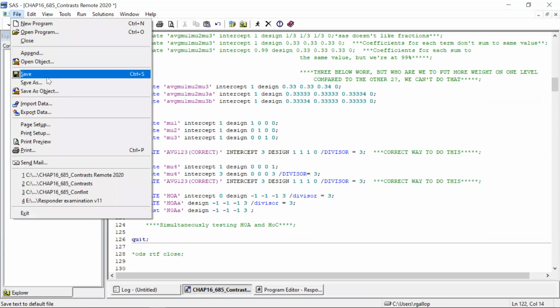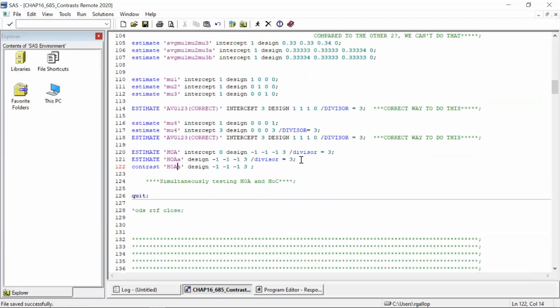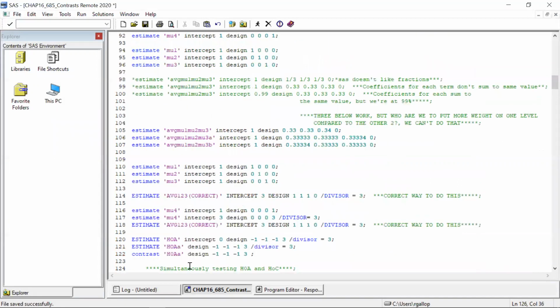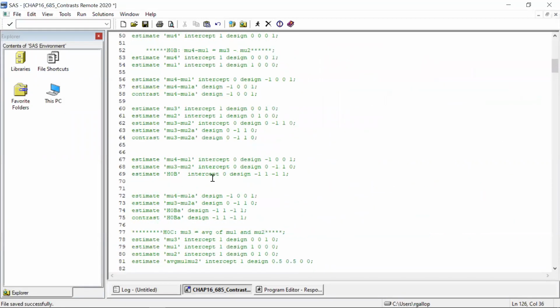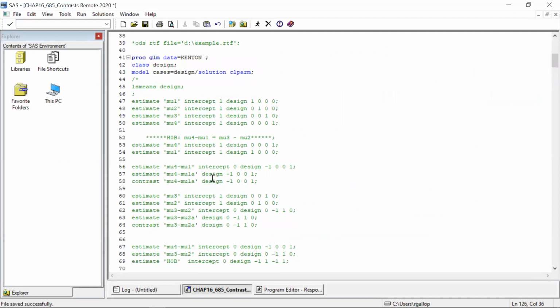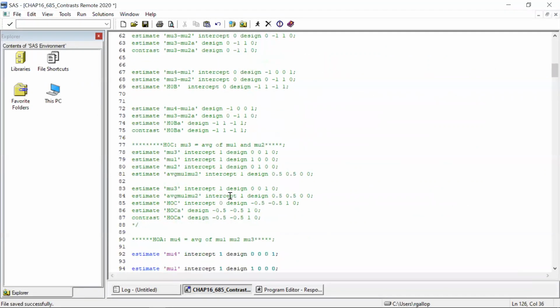So now remember, this was the contrast statement for doing A. If I go up and grab the contrast statement for C, where is C? C's right here. Here's the contrast statement for C.